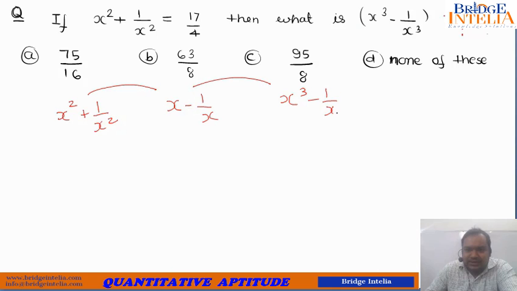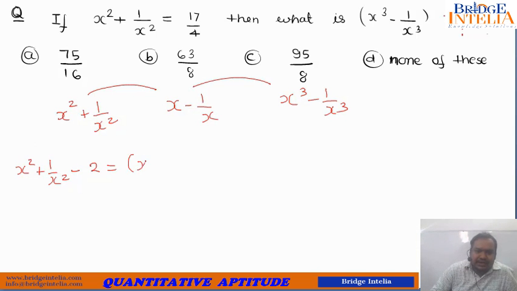So x² + 1/x² is already equal to 17/4. So x² + 1/x² - 2 is equal to (x - 1/x)². So this means 17/4 - 2 is equal to (x - 1/x)².